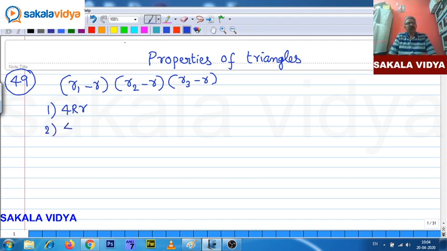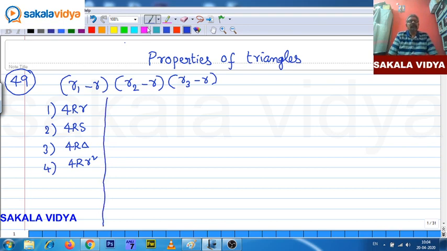Second, 4 R S. Third, 4 R delta. Fourth one is 4 R small r square.